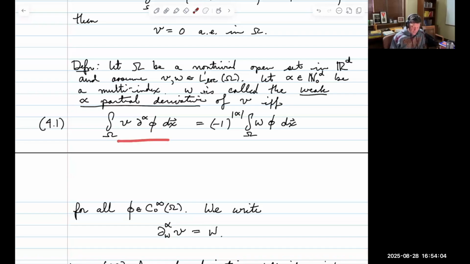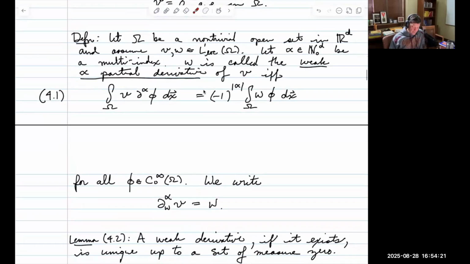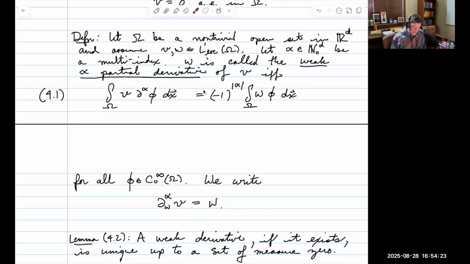This has to be equal to minus 1 to the alpha power, times the integral of w against phi dx. Why did I choose this way of defining what I'm going to call the weak derivative? It's because this is based on the structure of what we call integration by parts. So this is just an integration by parts formula.